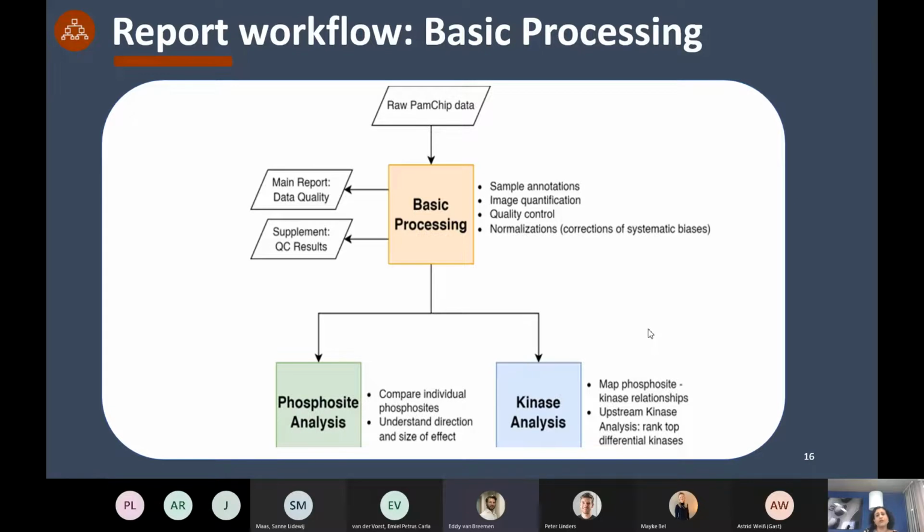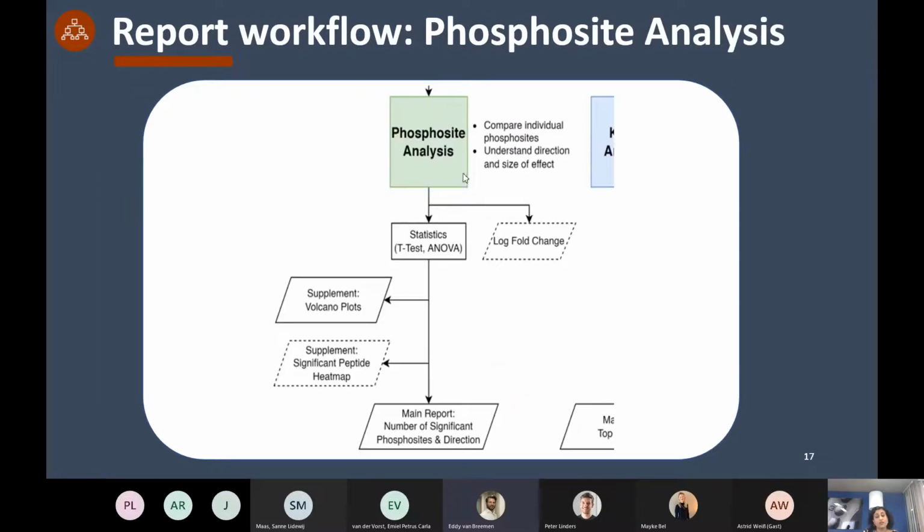From here, we look at each phosphosite change. This is called the phosphosite analysis, and this is more to look into the direction and the size of the effect. Is there an overall inhibition, and how much is it? Is it very strong? Say between two treatments, how does it compare to control?